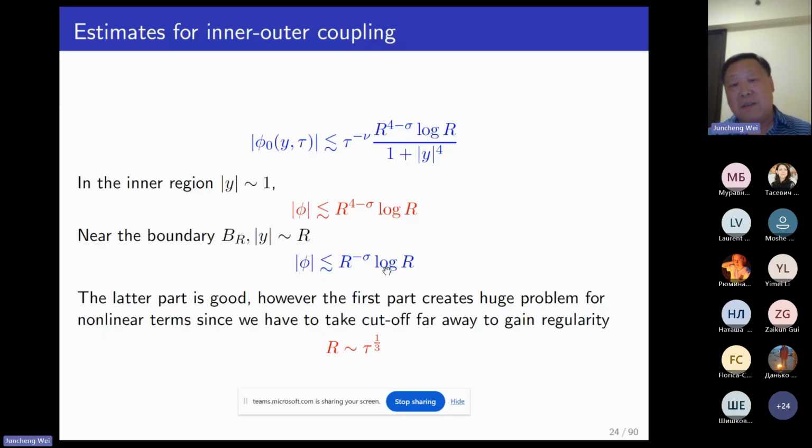However, in the first part, the R is really big. This creates a huge problem for nonlinear terms later, since we have to take a cutoff far away to gain regularity. And the cutoff we're going to get is tau to the 1/3. Remember, square root tau is the self-similar regime. So it's very close to square root tau, which means you lose a lot of tau inside. And then you take a nonlinear term, you lose more tau, because the nonlinear term is like phi squared. So there's a trade-off to do.